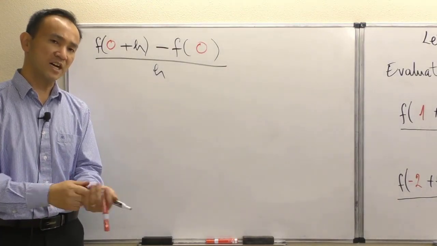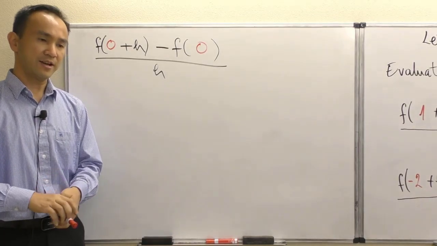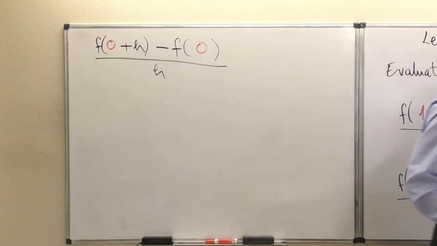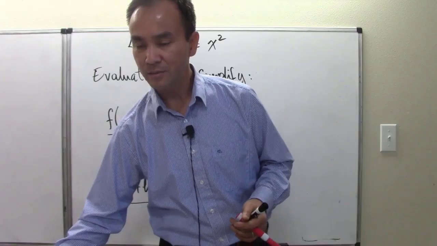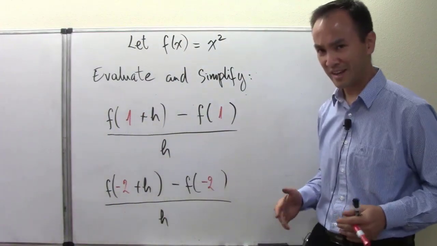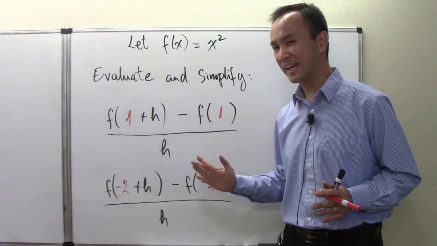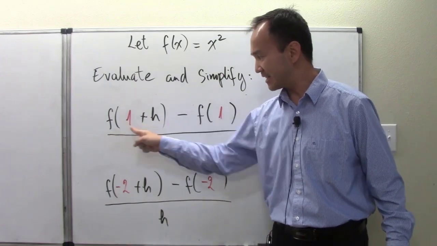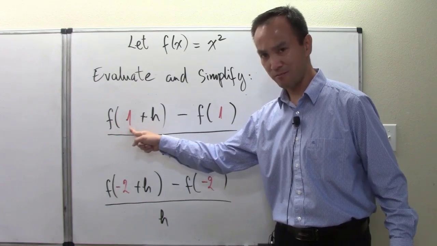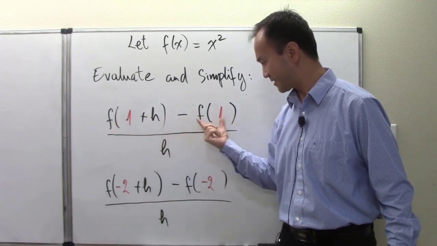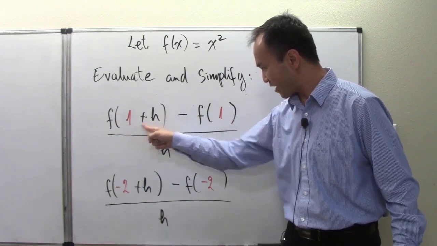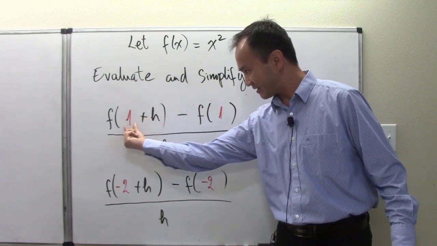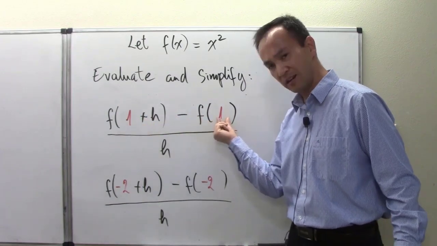Let's now look for what's common. Look at my black ink. My black ink has f of something plus h minus, and then I wrote the red ink to emphasize that it's repeated in this part right here.